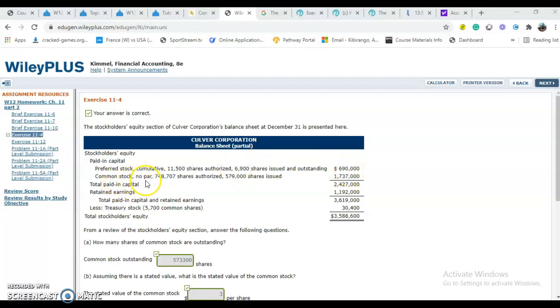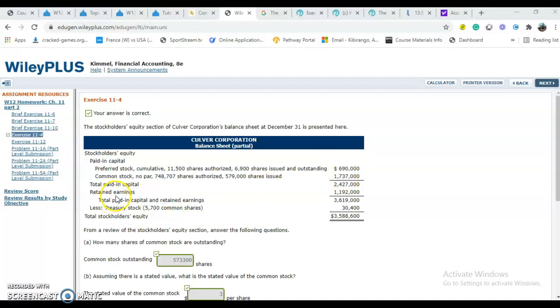In common stock, no par, and has 748,707 shares authorized, and the shares issued are 579,000, which comes to 1,747,000. Total paid in capital is 2,427,000, which is a total of these two.